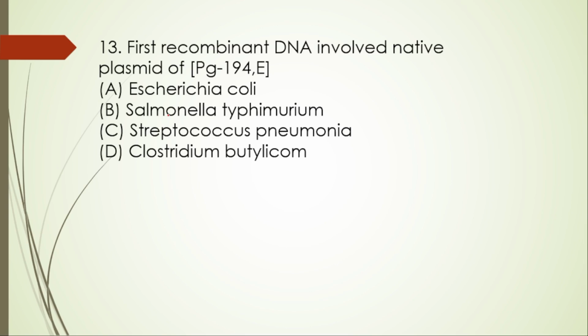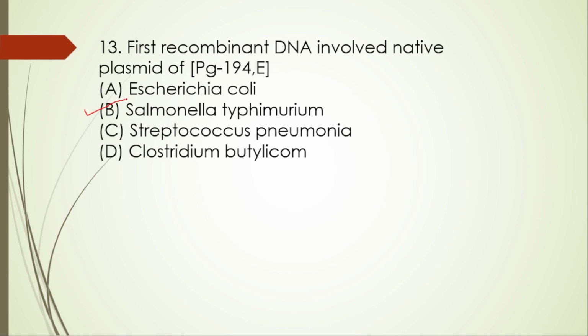First recombinant DNA involved native plasmid of A, Escherichia coli, B, Salmonella typhimurium, C, Streptococcus pneumoniae, D, Clostridium botulinum. So here the right option is option B, Salmonella typhimurium.